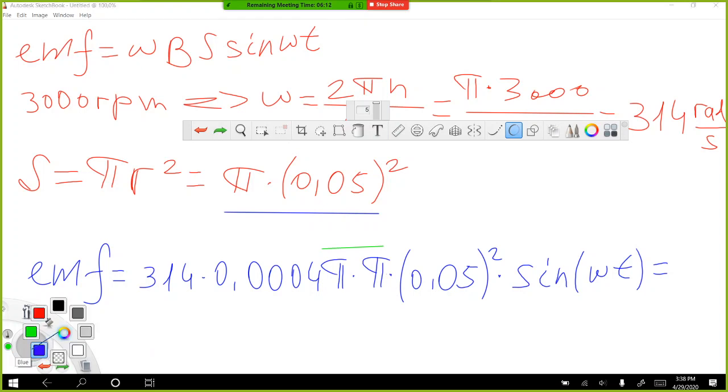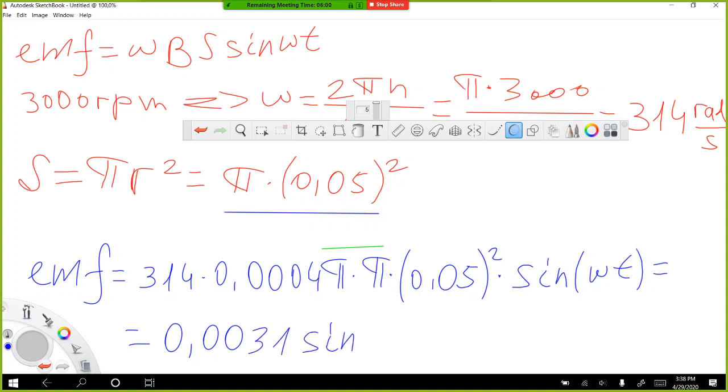The EMF is equal to 0.0031 sine omega t volts. Okay, for now is everything clear until now?